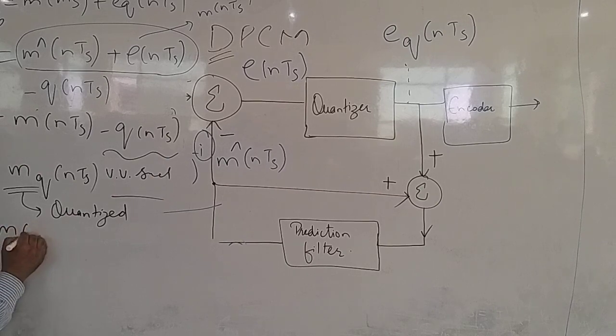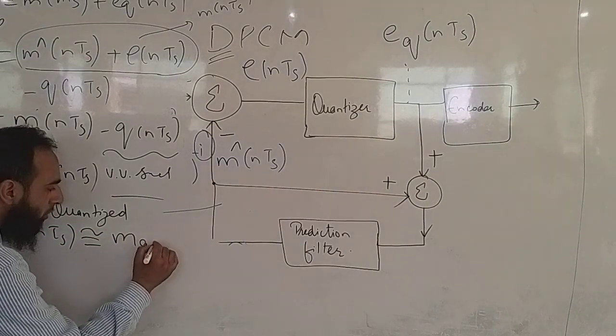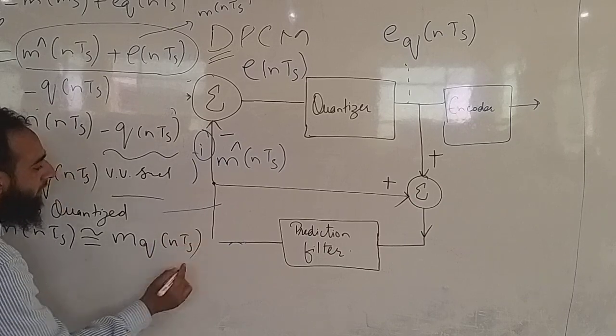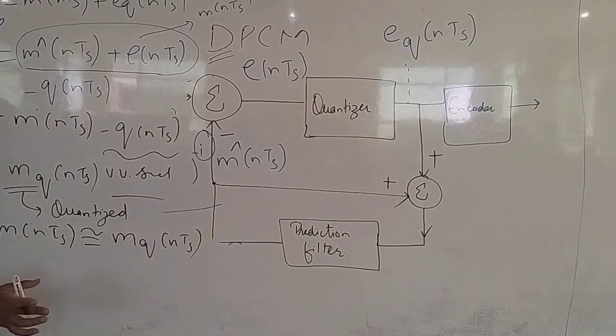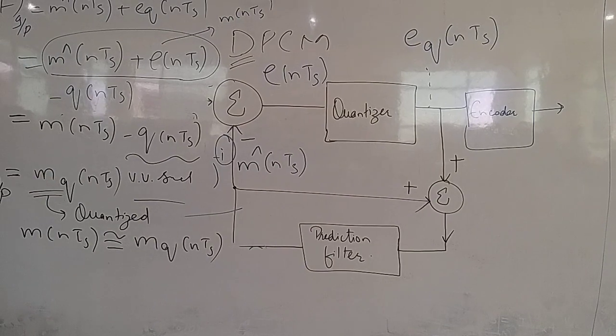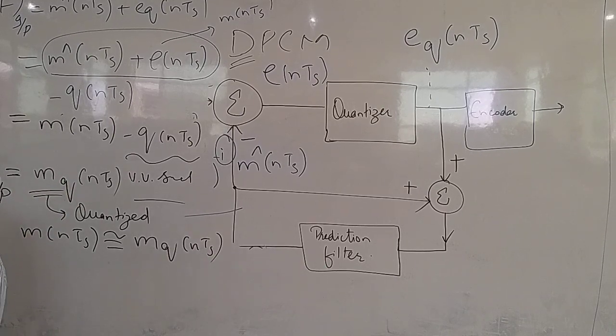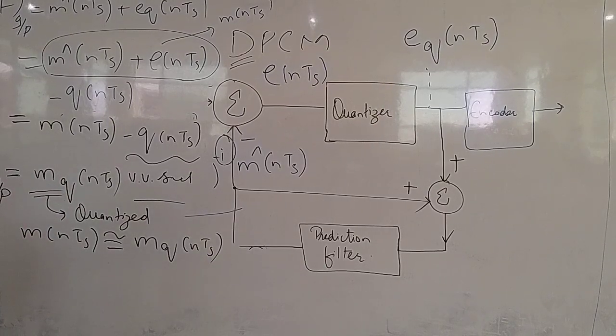Ideally देखें तो m of nt of s is approximately equal to mq of nt of s because quantization error is very small. इस तरीके से भी आपको समझ आ रहा है कि ये दोनों चीजें सेम है. Anyways, mq of nt of s is the quantized value of the given signal.